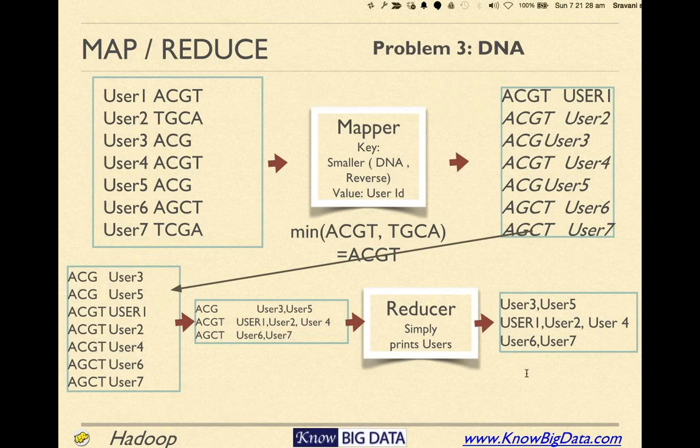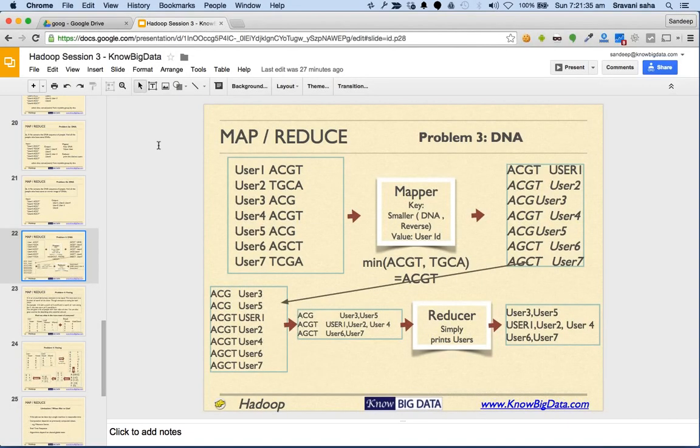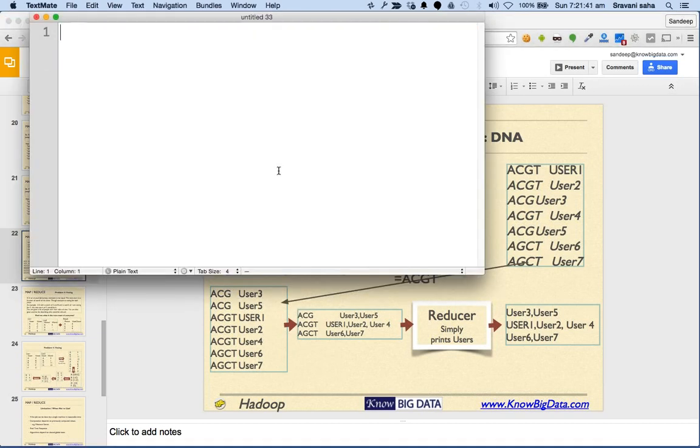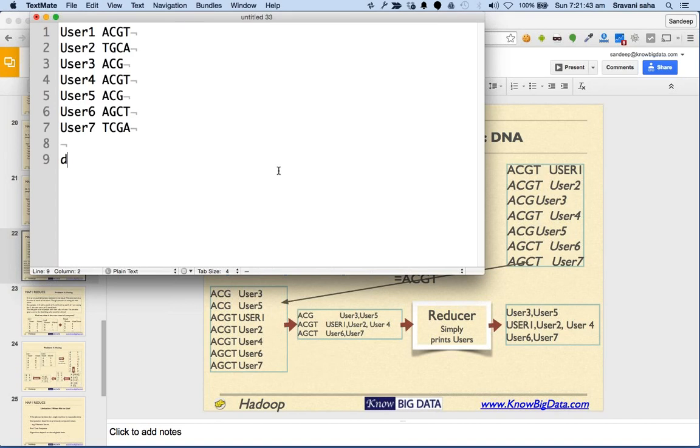So we are not looking for TGCA beforehand. I'll show you this. Okay, so let's say in our map task, I'll try to write some code. Define map, and we are given the line in the input.